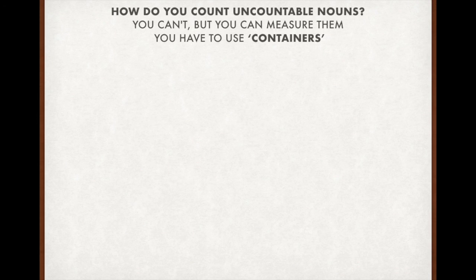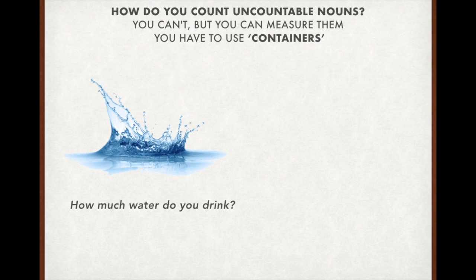Finally, we're going to see some vocabulary this week about how to count uncountable nouns. We cannot count them, but we can measure them, and we use containers for this. So, how much water do you drink? I'm talking about water. It's uncountable. We cannot count water. We don't have waters, right? So we use much.